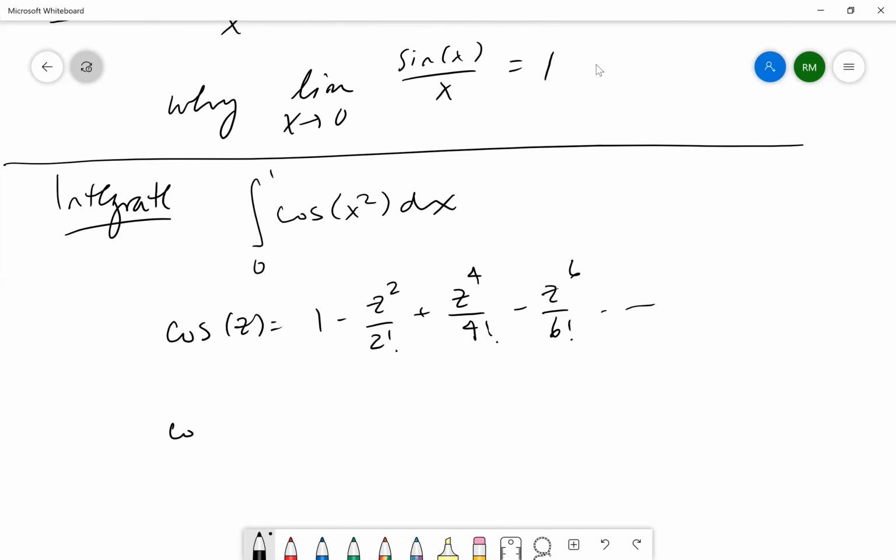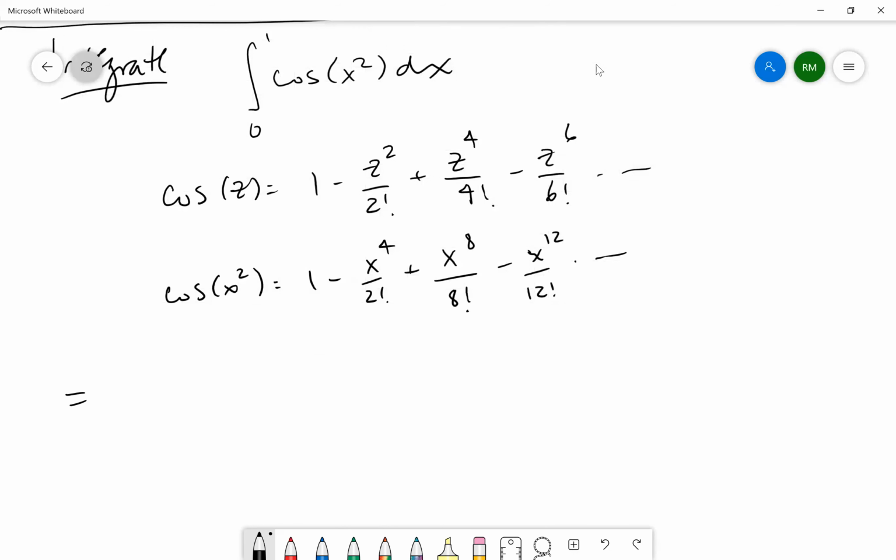So if I plug in x squared into this, I get 1 minus x to the 4th over 2 factorial plus x to the 8th over 8 factorial minus x to the 12th over 12 factorial, and it continues on. So if I look at the indefinite integral of this function, it's like integrating this series.